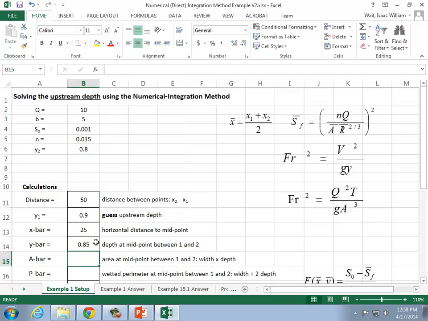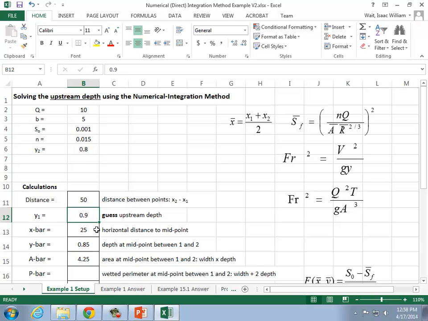So you can see that we would assume there's a linear variation in the flow depth between 1 and 2, because downstream it's 0.8, upstream it's 0.9, so therefore 0.85 at the midpoint. Area can be calculated as the channel width times the flow depth. So there I've calculated the cross-sectional area.